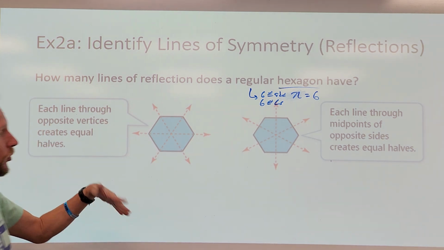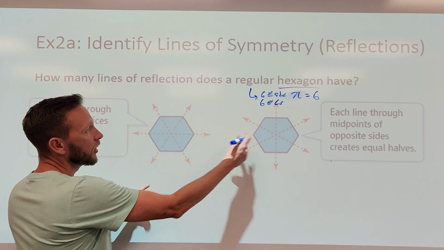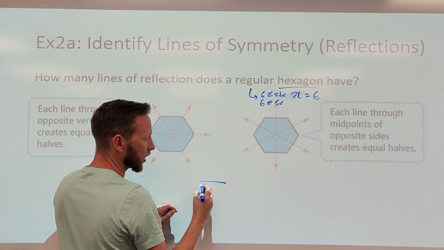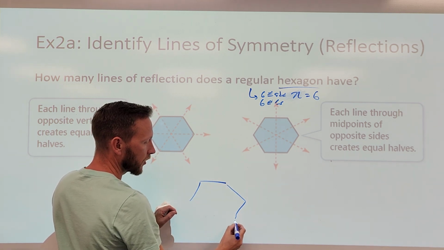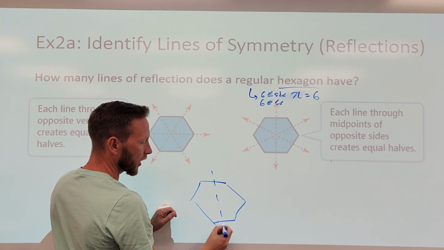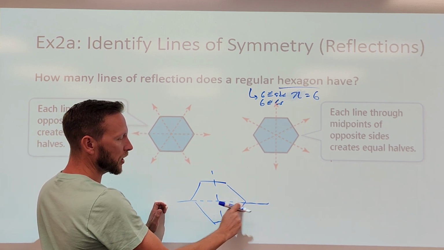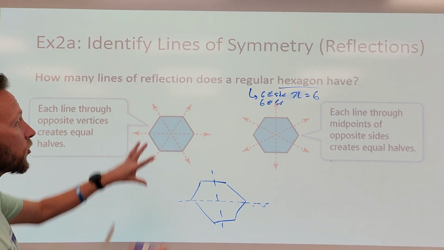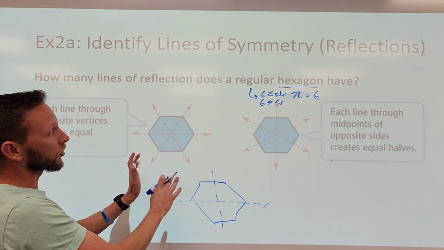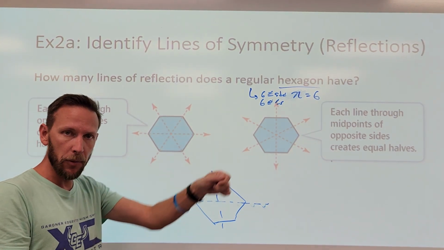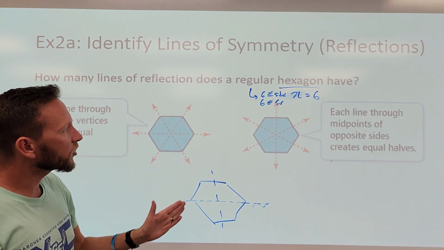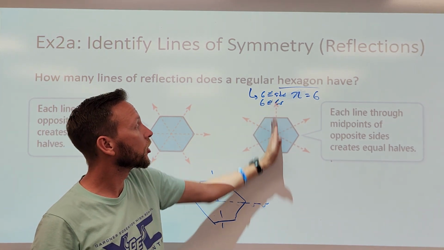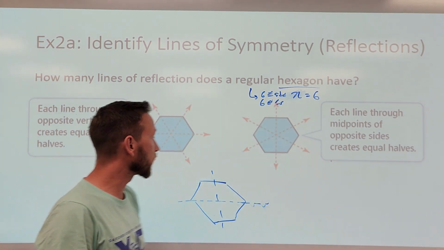So we can visualize that in this hexagon, there's going to be a line of symmetry through the vertical, from top to bottom, through the side. And then we can also tell that there's going to be a line of symmetry horizontally. So we get the horizontal and the vertical. I'm not usually worried about horizontal and vertical. But what I want to make sure you understand is that no matter which way I am looking at this picture, if you were to draw it on your paper and then turn your paper several different ways, you'd notice that there's a line of reflectional symmetry that passes through the midpoint of each of our sides.